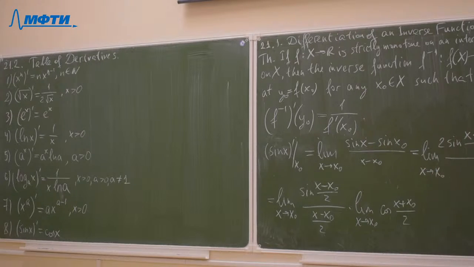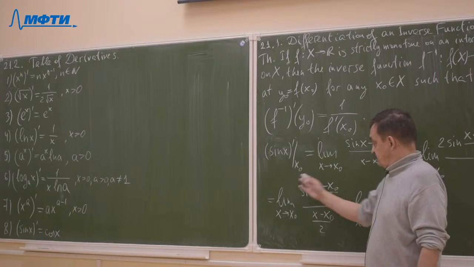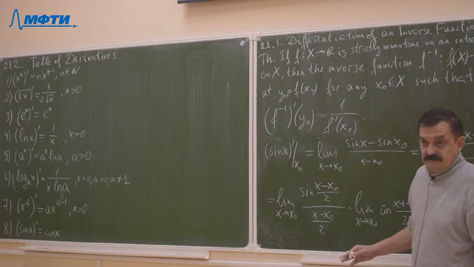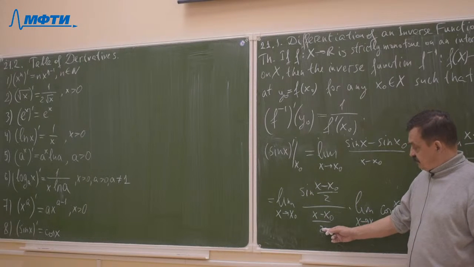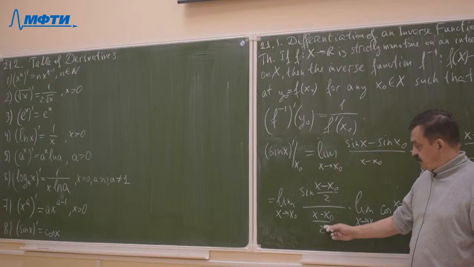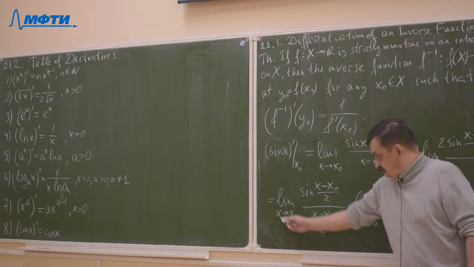That is a conditional equality. Again, we don't know yet precisely if it is correct or not, but it is correct. Why? Because both limits exist and are finite. The first one, you see, x minus x naught over 2 tends to 0, and we have the first remarkable limit, that is 1.